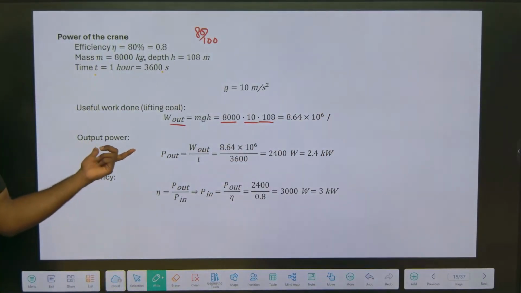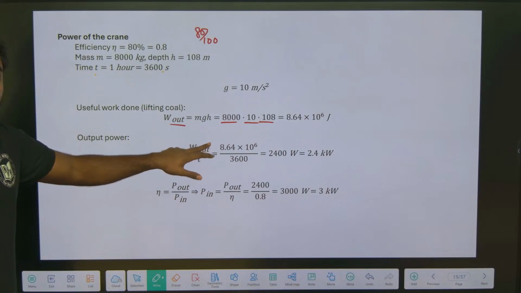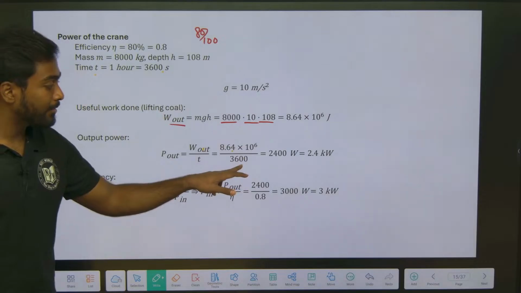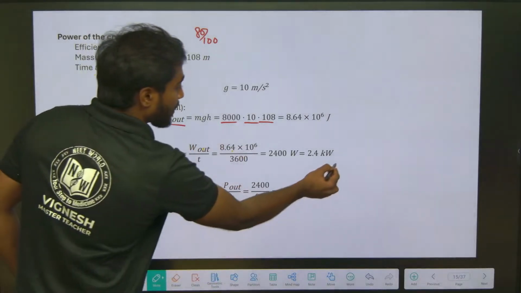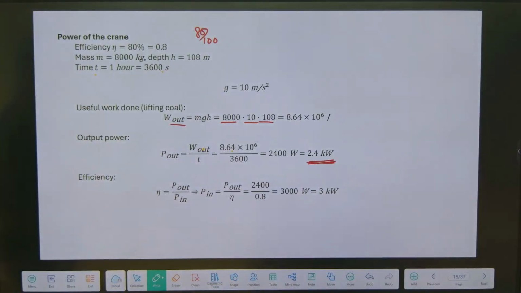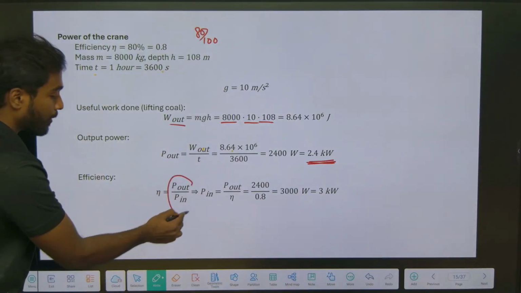Then output power is work output by time: 8.64 into 10 power 6 divided by 3600, which is 2.4 kilowatt.